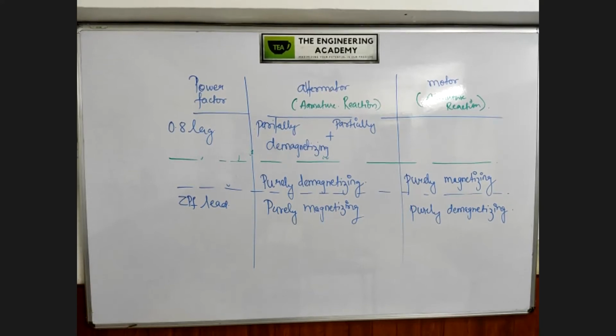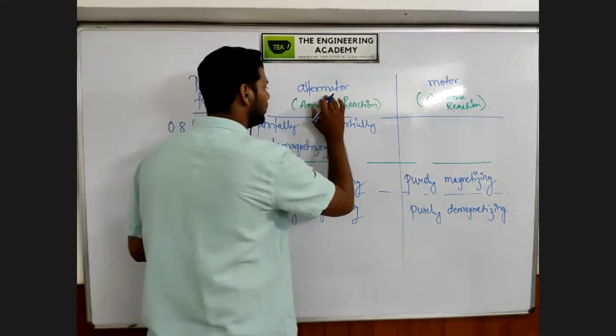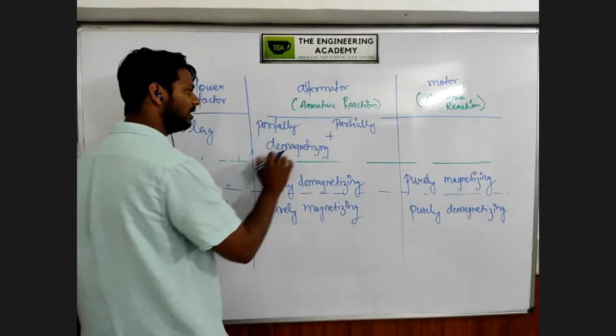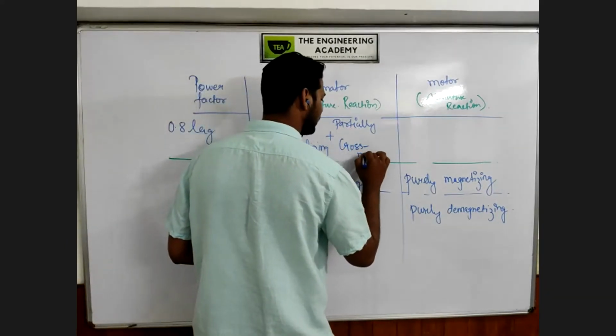Okay, for 0.8 lagging, the armature reaction is partially demagnetizing and partially cross magnetizing.